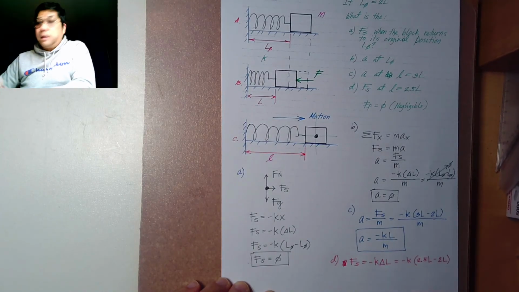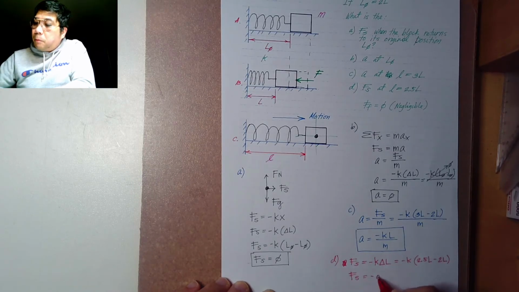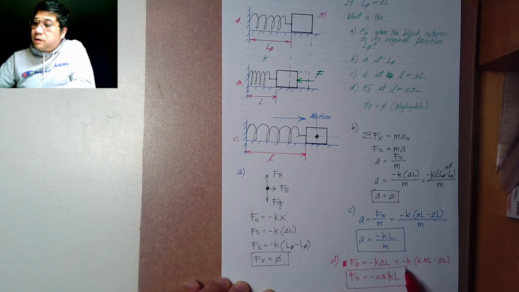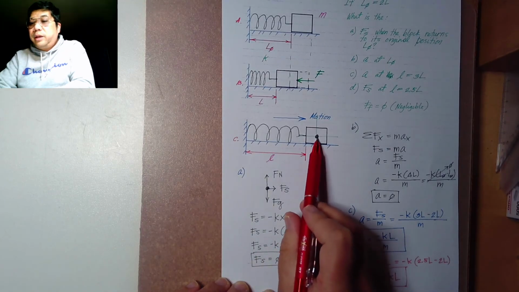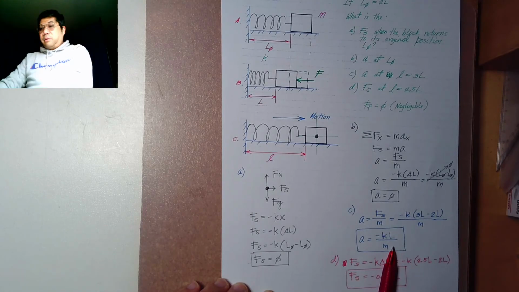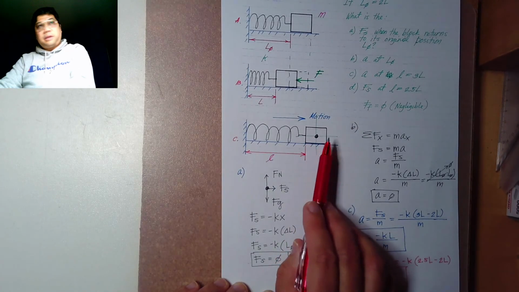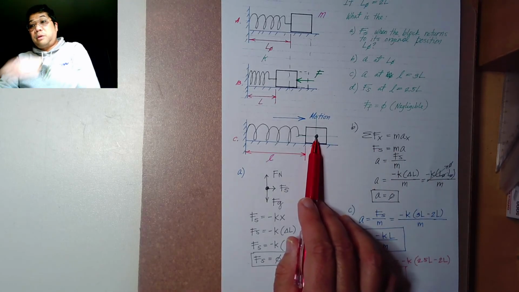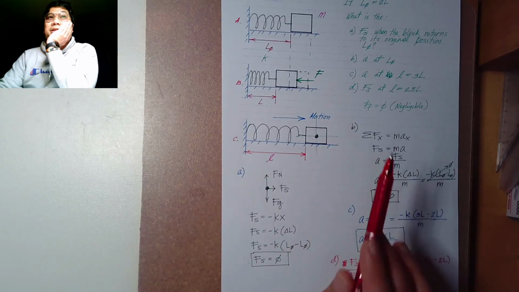So we can say that our force is negative 0.5 K times L. So it means that the force of the spring when it reaches 2.5 of the length, because earlier it was 3, is not 0 acceleration, but it reaches the maximum distance.